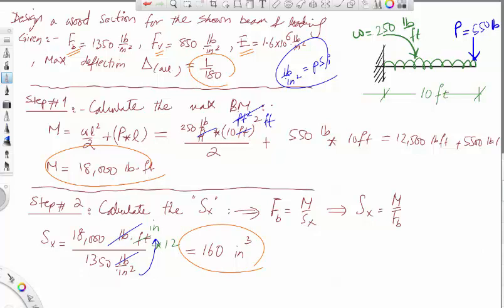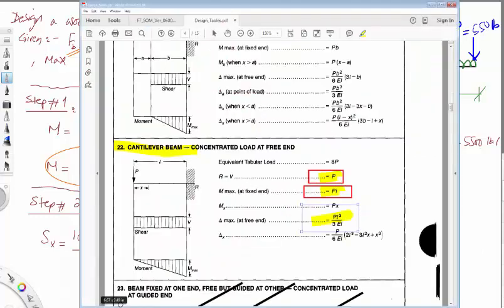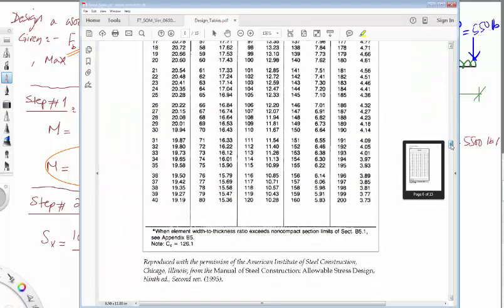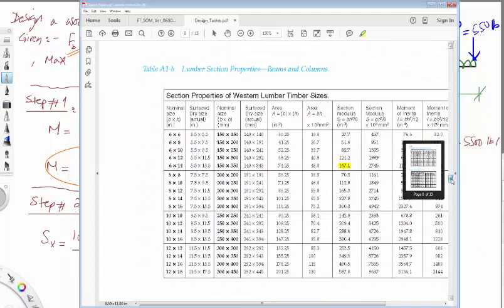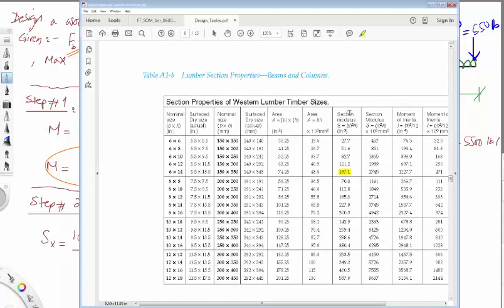So now you go back to the tables to select a section. If you go through the wood tables, which will be the first tables by the way, I'm looking at the Sx value here. I find the closest to 160 is 167, and that is section 6 by 14.